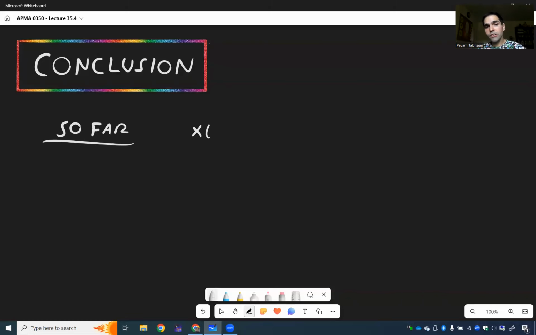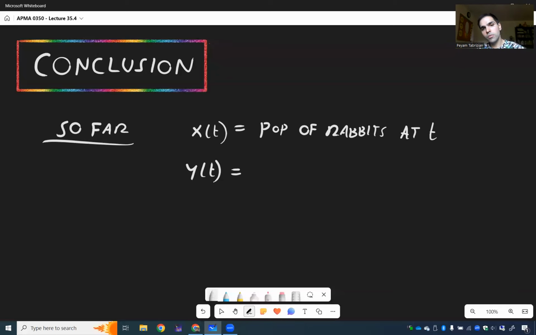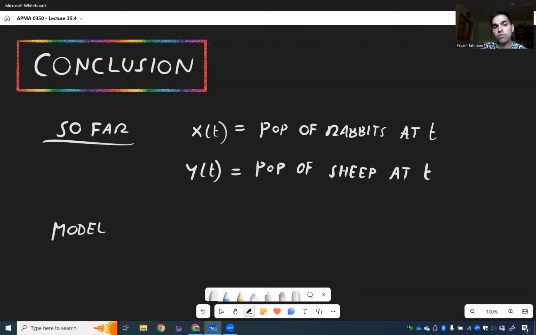And we let x of t be the population of rabbits at time t, and similar for y of t to be the population of sheep at time t.